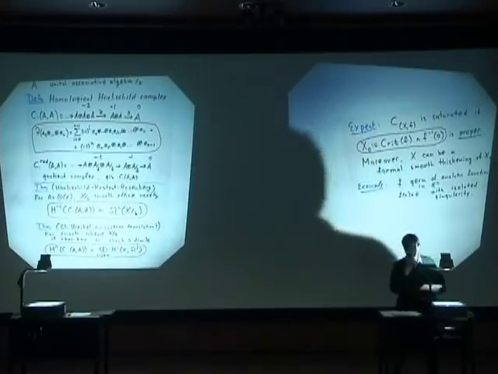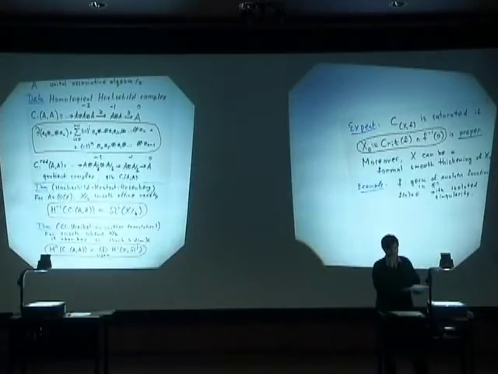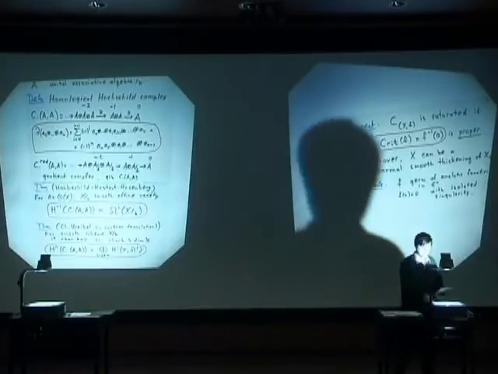There is a map in one direction from Hochschild to forms, which is a right map, and it's a quasi-isomorphism with prime numbers.